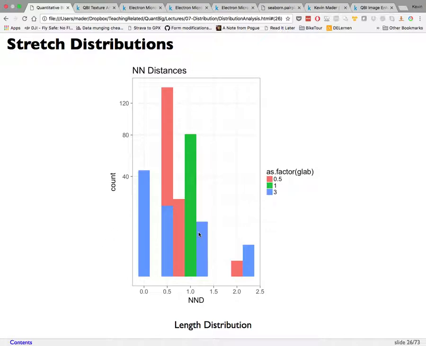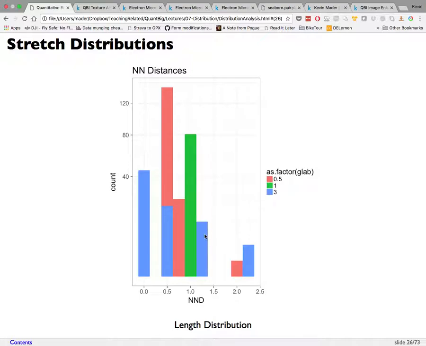And so we go from our unstretched example, where everything's evenly spaced, where you have a nice curve in the middle, where all the points are exactly one distance away from each other, to a wider and wider distribution as you stretch that more and more.